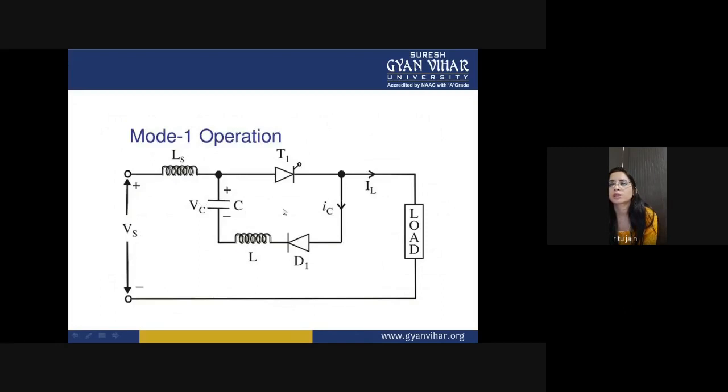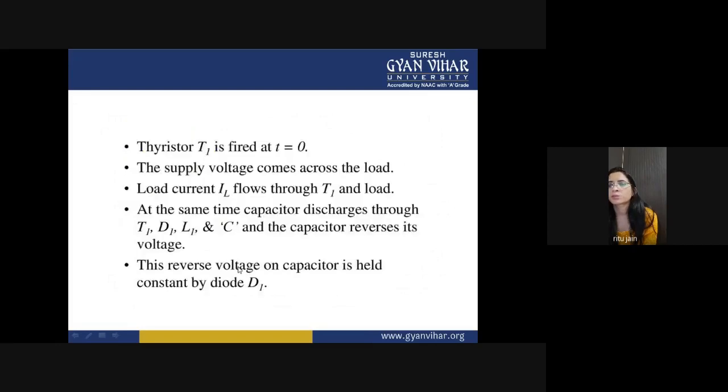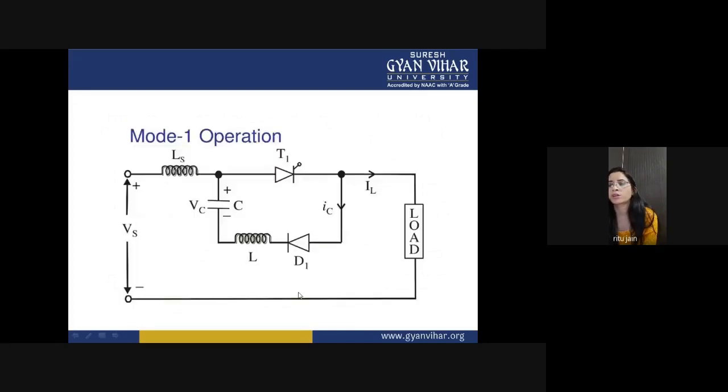When the current starts to flow, then the capacitor starts to discharge through T1, D1, L and C, and the capacitor reverses its voltage. So this reverse voltage on capacitor is held constant by your diode D1.